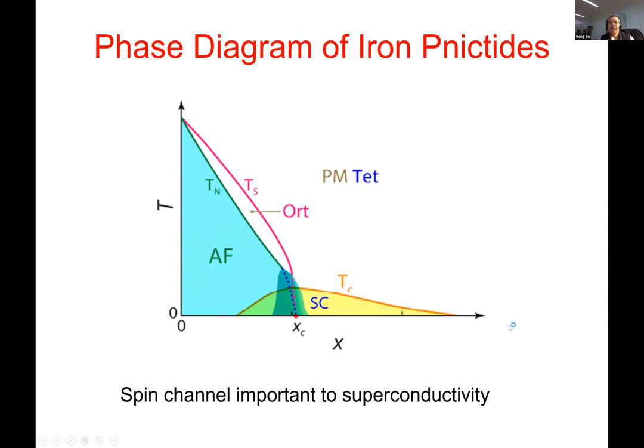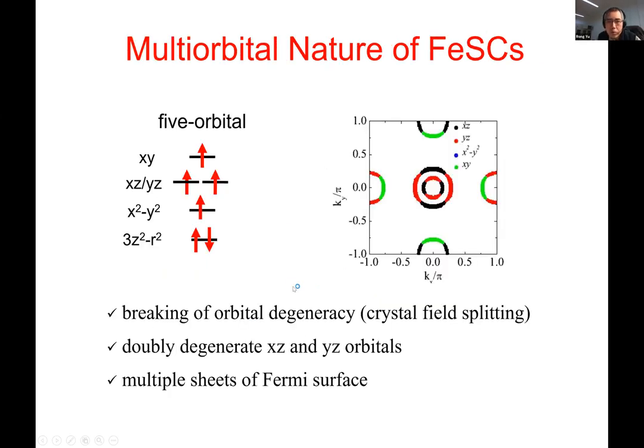Okay, but besides the antiferromagnetic spin exchange couplings, we also have to recognize that the iron-based superconductors are multi-orbital systems, because the Fermi surface consists of multiple sheets, with both hole pockets at the center of the Brillouin zone and electron pockets at the boundary of the Brillouin zone.